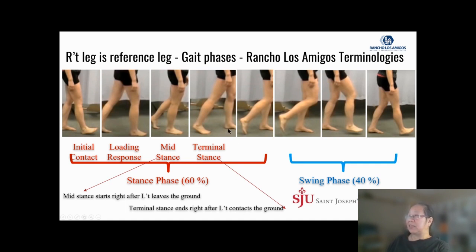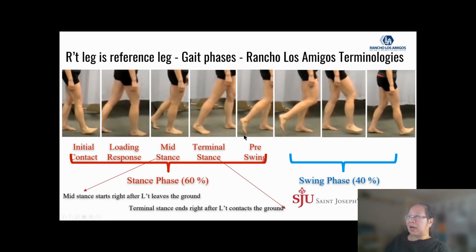I just wanted you to know that right after left side contact, the right side terminal stance ends. And then this part is called pre-swing. That means the right leg is about to swing, but it's still contacting the ground.